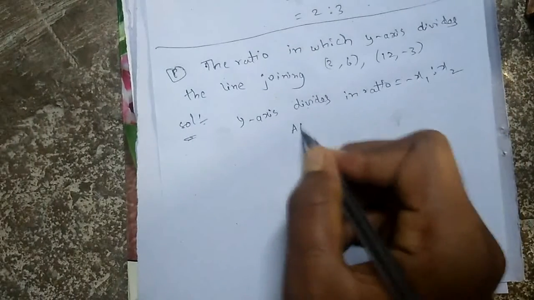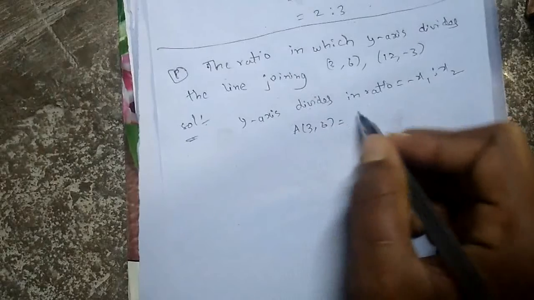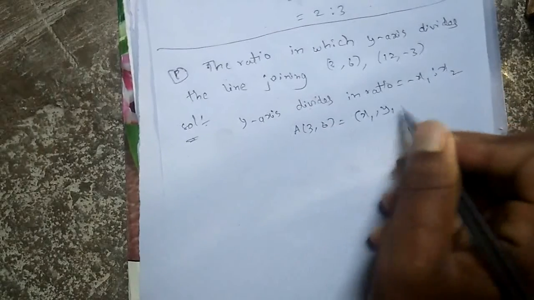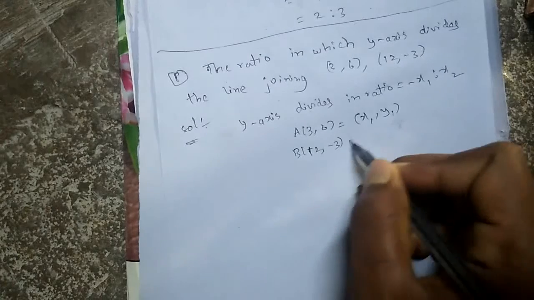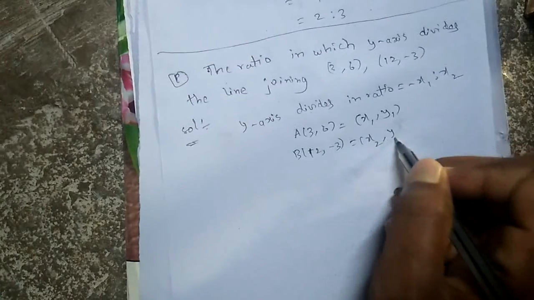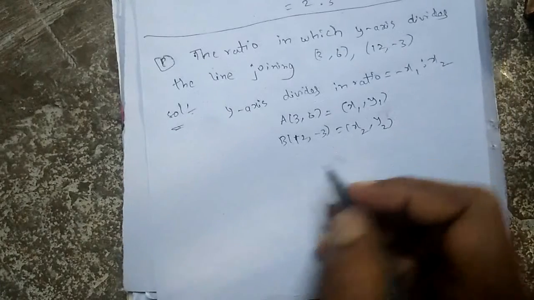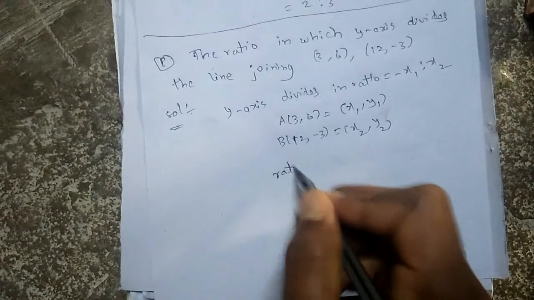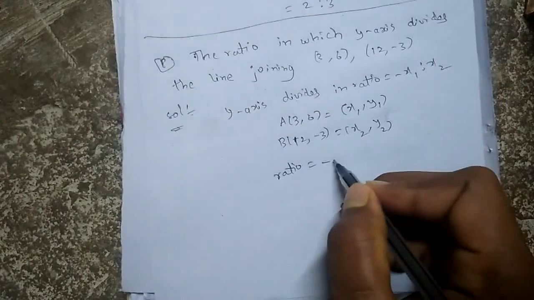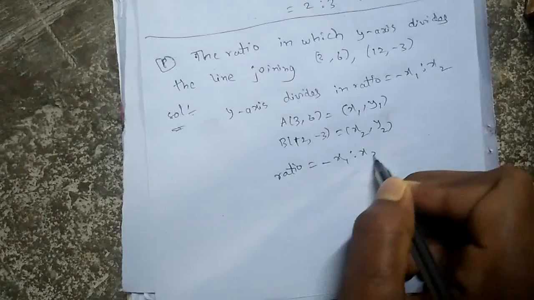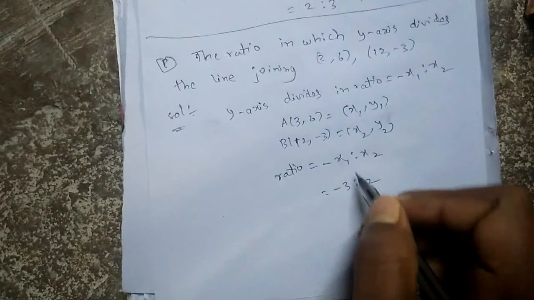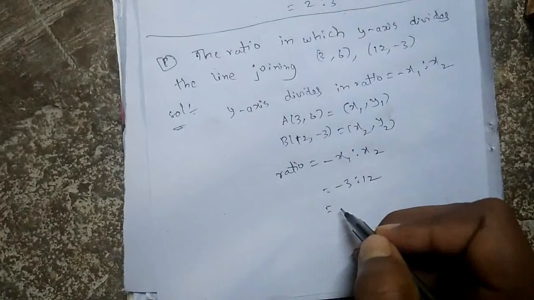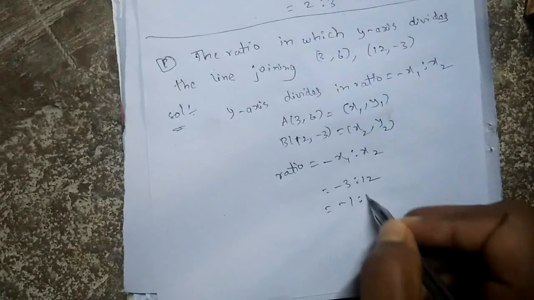Here the first point is (3, 6), that is (x1, y1). The second point is (12, minus 3), that is (x2, y2). The ratio is minus x1 is to x2, that is minus 3 is to 12, that is minus 1 is to 4.